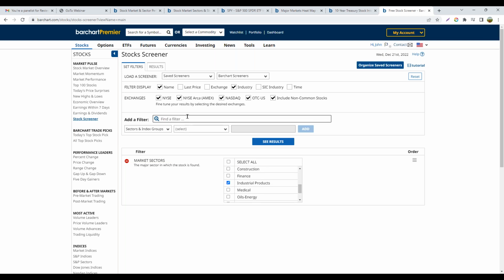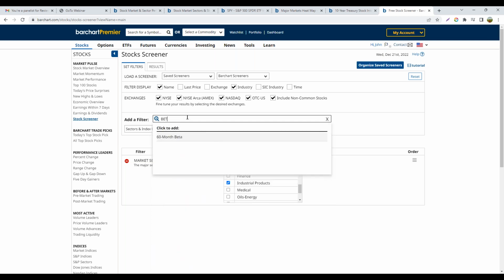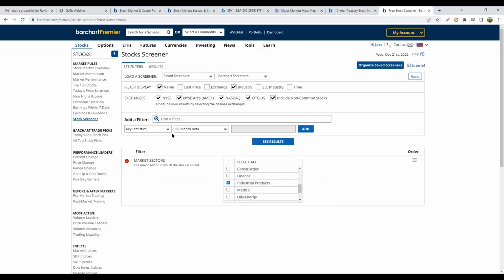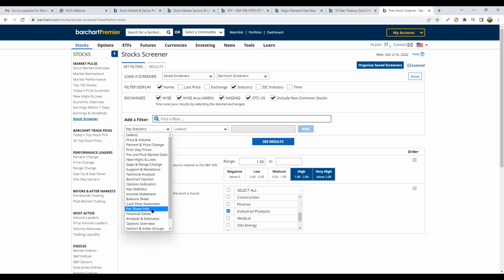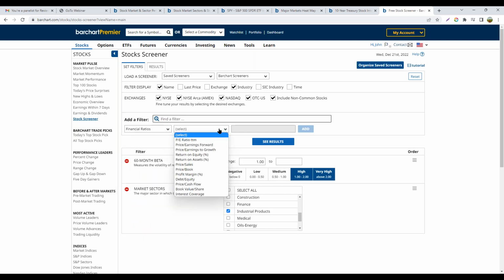I want a higher beta, and I'm going to look at growth. Now we look for growth stocks, so I'm willing to have a little bit of a higher PE ratio. So maybe I'll do a PE ratio of above 20, or somewhere between 10 and 30.